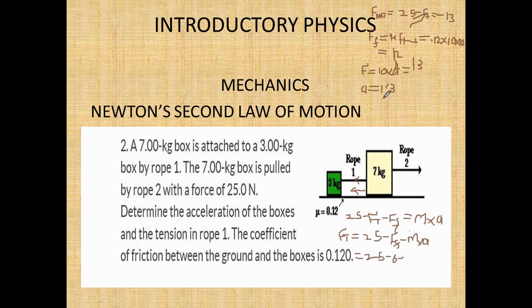So that is 7 times 1.3, and that is equal to 9.1. Okay, so this is supposed to be 8.4, right? And then you're going to subtract 9.1.